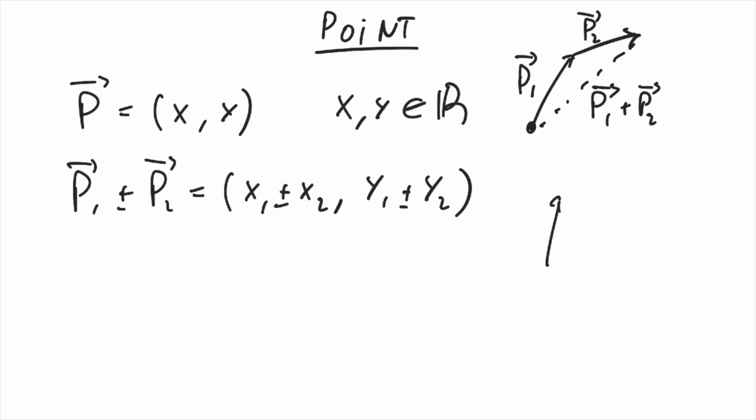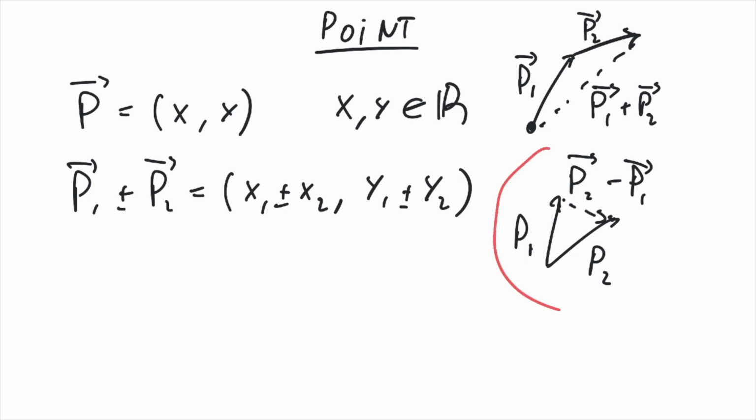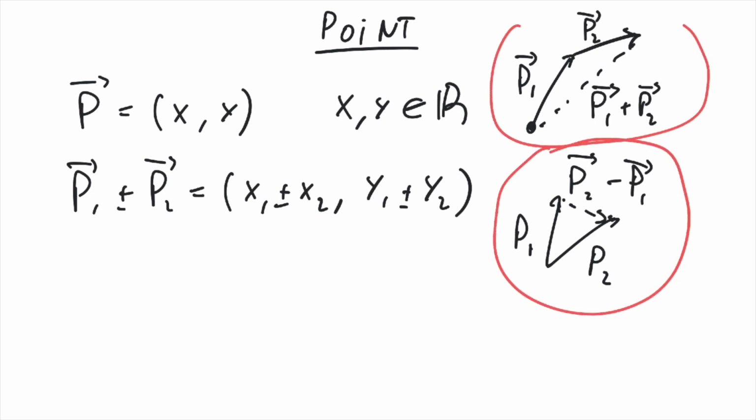Subtraction is, of course, P1, P2, and then the vector that goes from P1 to P2 is P2 minus P1. So as I said, operations are easy to visualize, and any mathematical operation that you define on points or vectors, which is the same, is something that you will be able to draw.